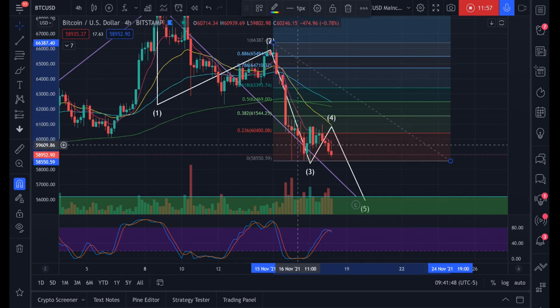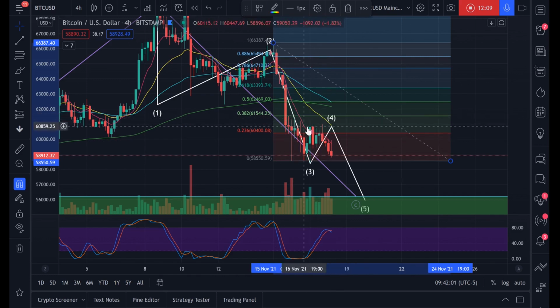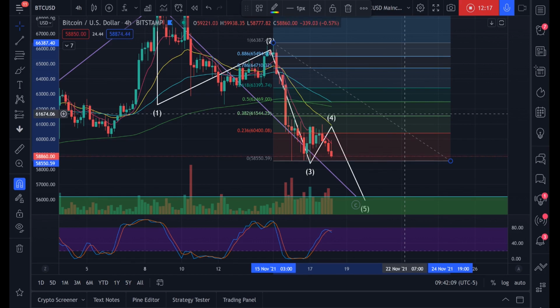Because we all know that wave 4 retracements cannot exceed the 382. So if this is indeed a 382, whatever you do, you enter your short at the top of this range or somewhere near the top of this range, put your stops literally right behind the 382 on whatever your chart is, and you should be safe from being stopped out, okay?